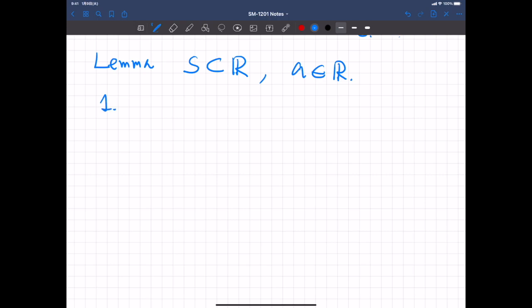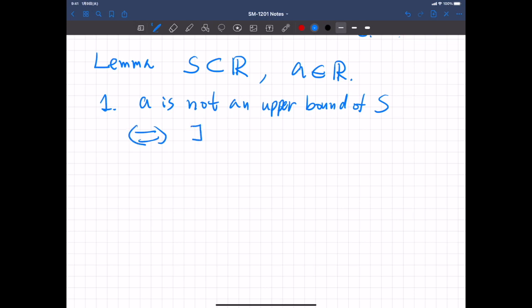First, A is not an upper bound of S if and only if there is an x in S such that x is greater than A. I think this is trivial, right? If there is some element of S greater than A, A cannot be an upper bound of S. It's trivial. And vice versa.